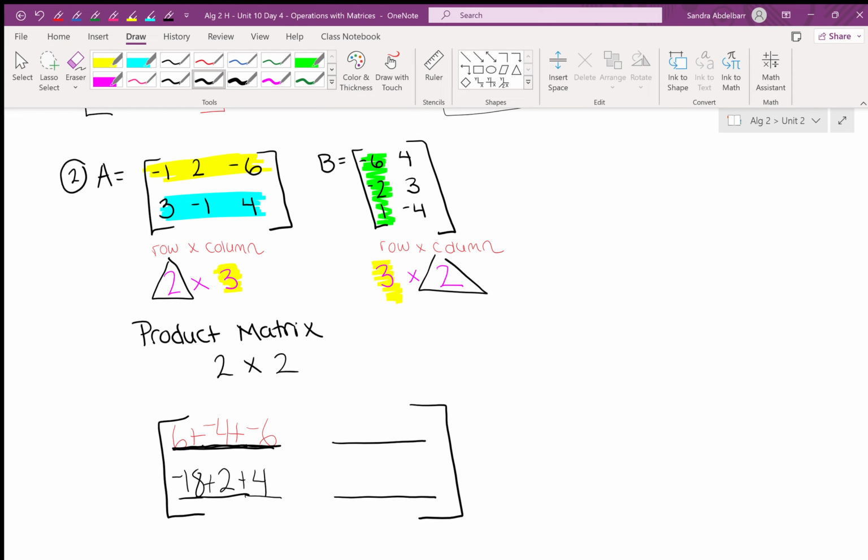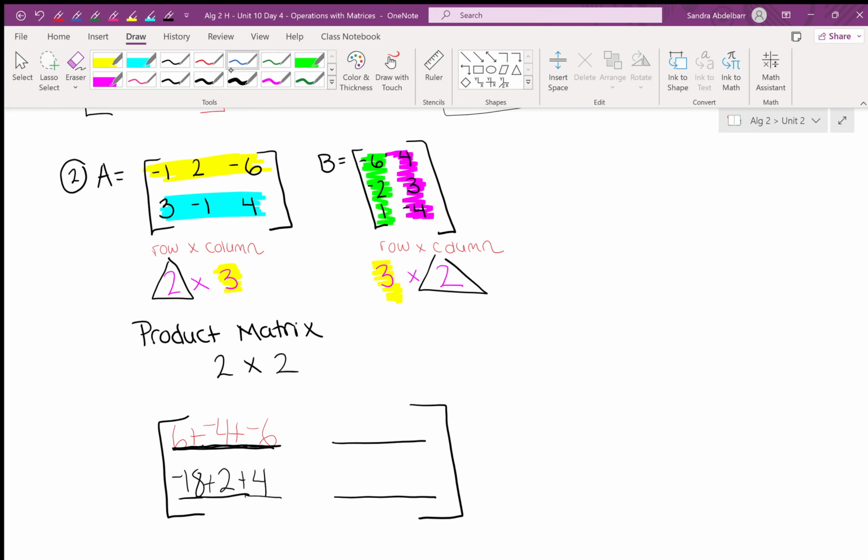All right, so now what do we need to do? I filled in my first column. What do I need to fill in now? The second column. How am I going to do that? Same 2 rows, but now I'm going to multiply it by the second column in the second matrix.